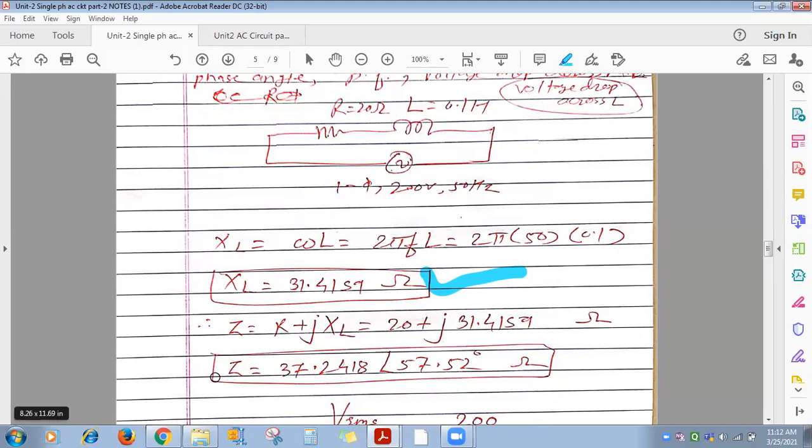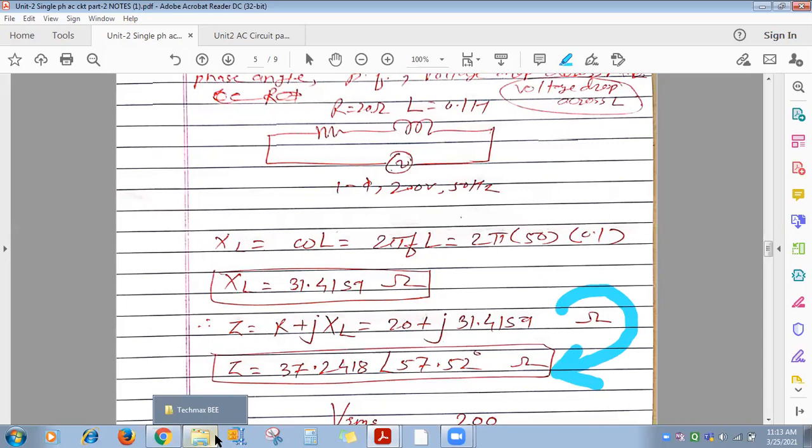Now everyone knows the formula for Z: R plus jXL. Again, you only have to put the values in the formula. Put the values of R and XL. This is the rectangular form. Using a calculator, can you convert it into polar form if required?